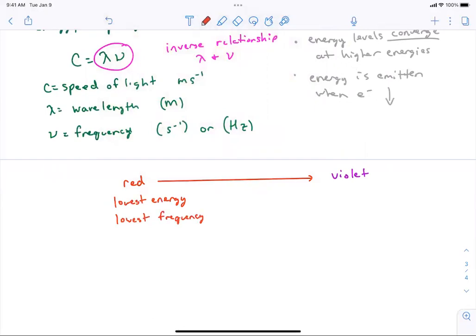In higher level, you actually have to calculate the energy and the frequency based on their relationship with each other. In standard level, you don't. Oops, sorry. It has the lowest frequency, which means it has the longest wavelength. Okay, so lowest frequency but longest wavelength.